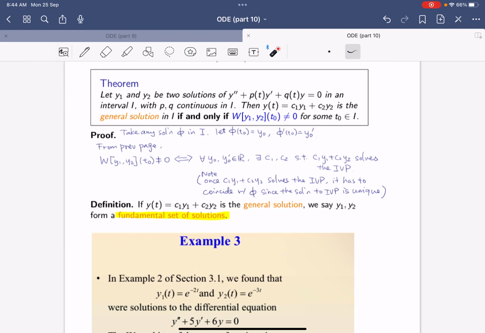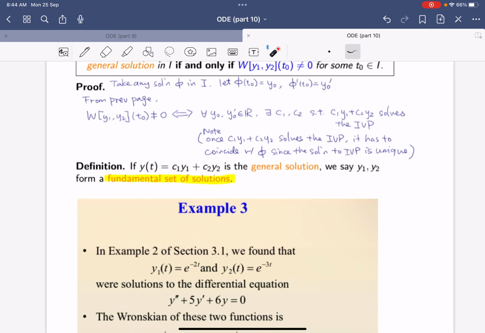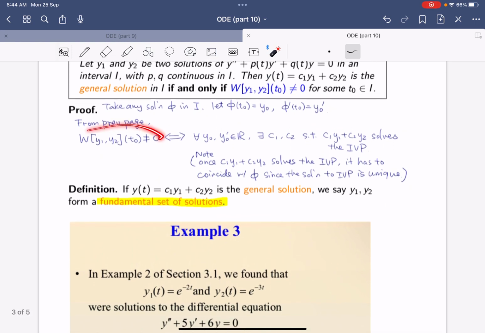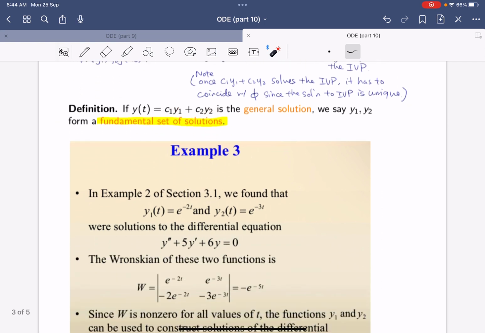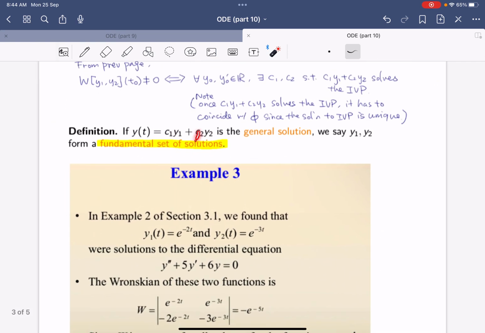So this tells us that there will only be one solution once you know that the Wronskian determinant is non-zero. If y(t) equals c1y1 plus c2y2 is the general solution, then we say that y1 and y2 form a fundamental set of solutions, because any solution will have to look like this, since the solution is unique.